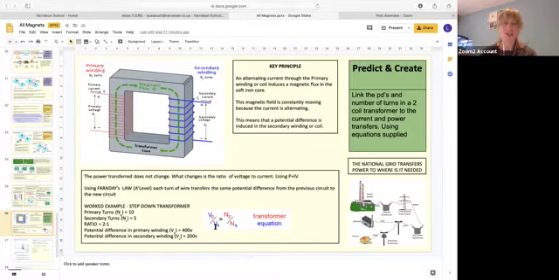The ratio is the same. When I said it's all about maths, that's essentially what it is. We understand the principle that you've got to have an alternating current to go through so you can induce potential difference here, and how much you induce is a ratio to the number of coils that we've got here.